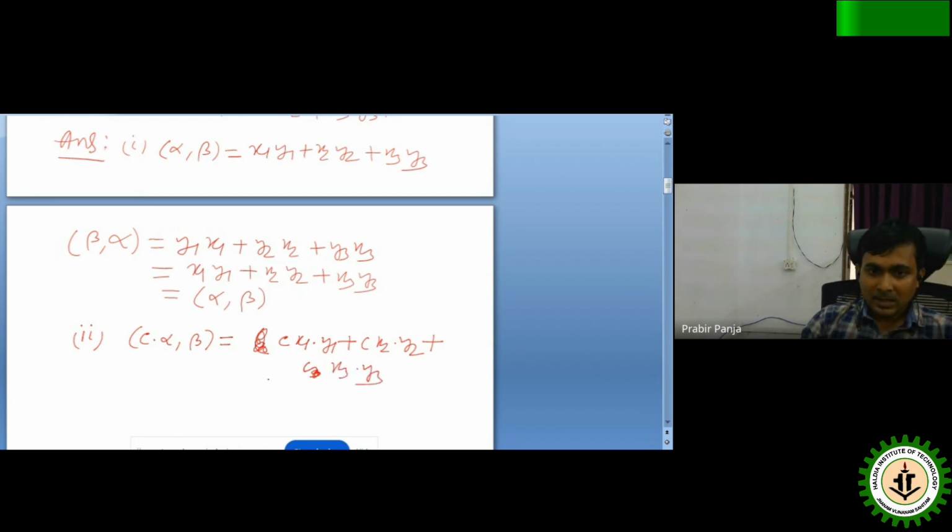This cx1, cx2, cx3 is coming from the vector c alpha, because alpha is x1, x2, x3.